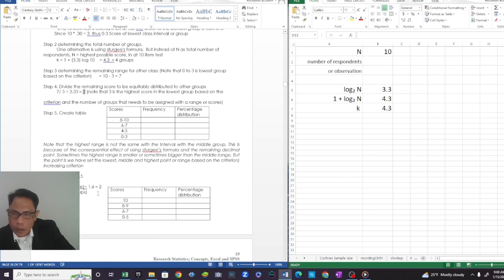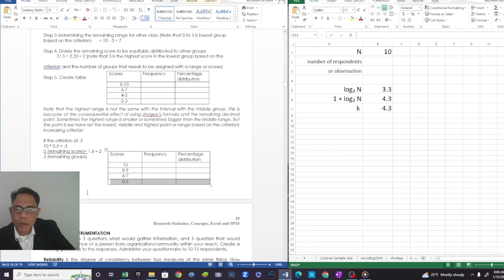So if the criterion is 0.5, that means 10 times 0.5. The lowest group is from 0 to 5. So 5, 6, 7, 8, 9, 10. So we have 5 remaining scores divided by 3, still 1.6. We rounded it as 2, so 6, 7, 8, 9, and 10.